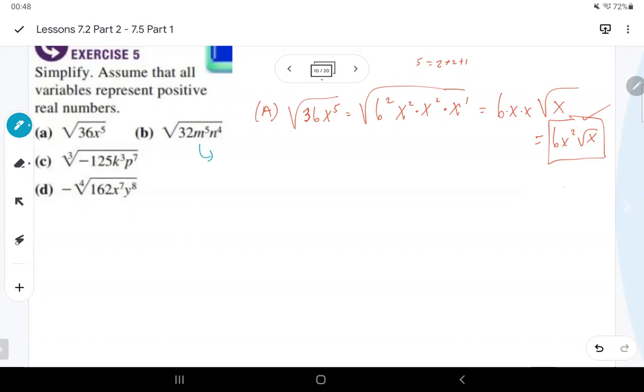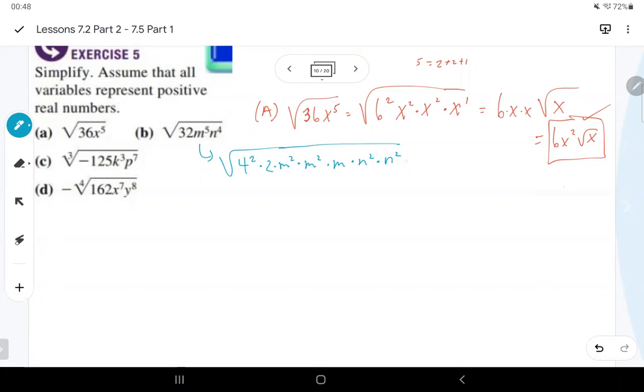All right, here for B, we have the square root of 32, which is 4 squared for 16 times 2. And then we'll do m squared times m squared times m times n squared times n squared.